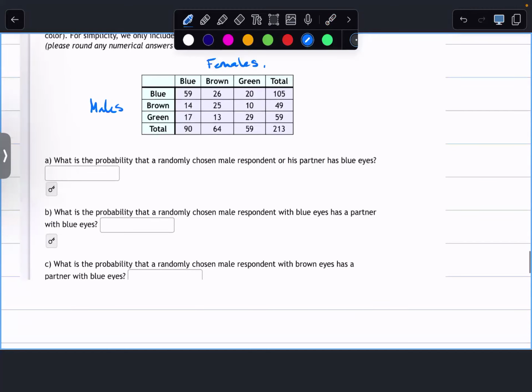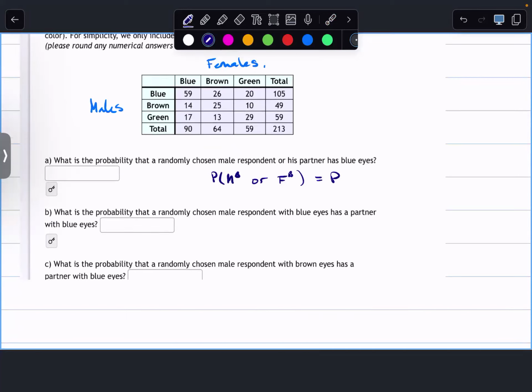It would look like we want to find the probability that the male has blue eyes, using kind of hokey notation, or the female has blue eyes. This is the same from our probabilities, right?